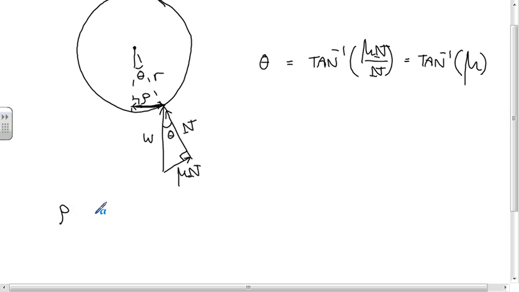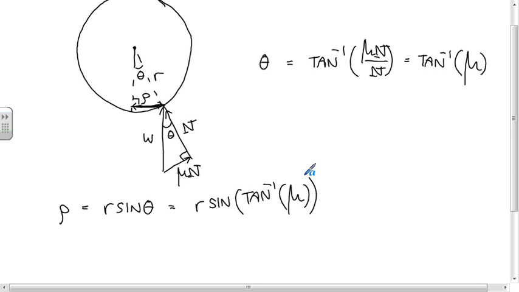So that rho is just equal to r times the sine of theta. Or, r times the sine of the inverse tangent of mu.